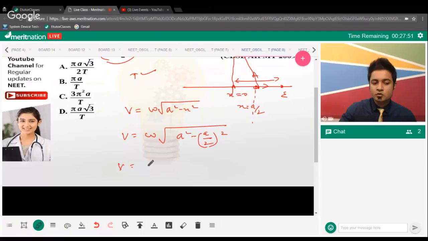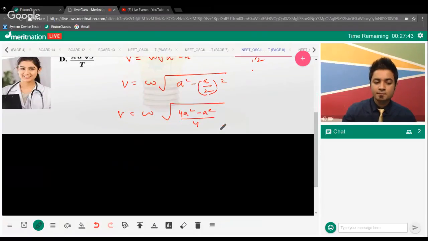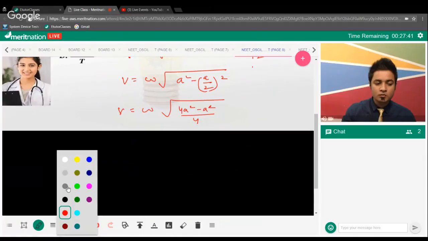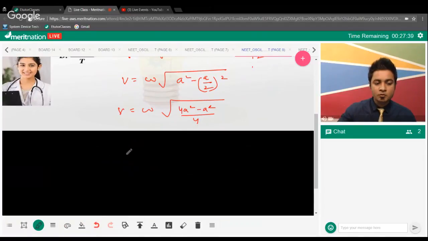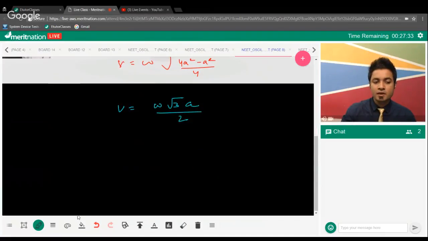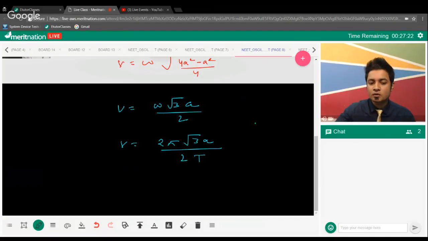So this is going to be omega under root 4a square minus a square upon 4, right? So now v is coming out to be omega under root 3a upon 2. And further you can expand the omega part, that is going to be 2 pi upon T times under root 3a upon 2, because omega is what?